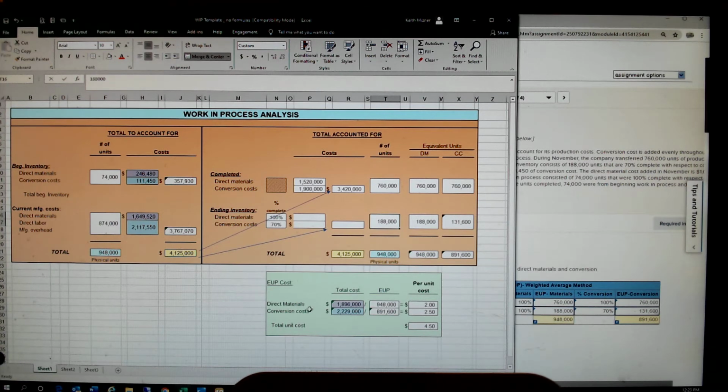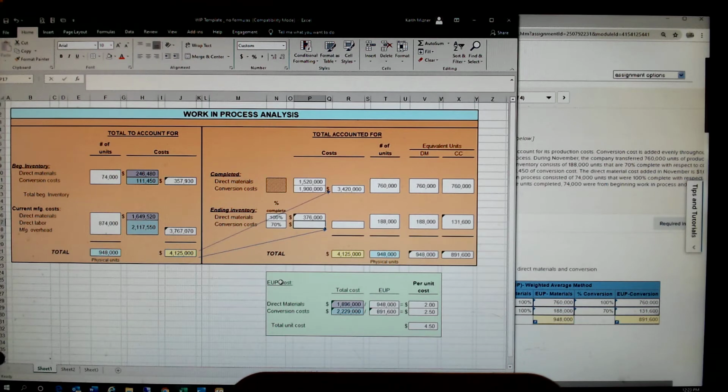How much material cost is in them so far? One whole unit has $2 of material cost. How many whole units with regard to material costs do these represent? 188,000. So those 188,000 units have 376,000 of materials.